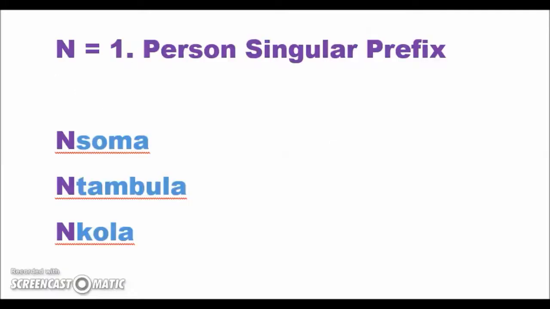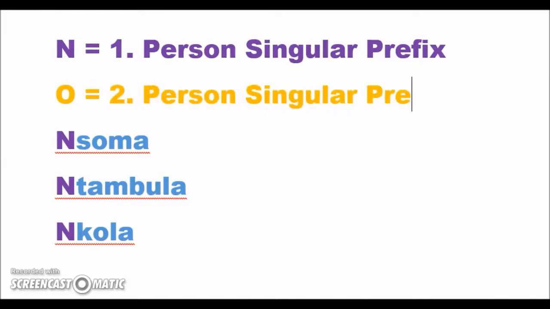Now, the prefix for the second person singular is O. So now, just like for the first person, what we have to do is attach the O to the stem.